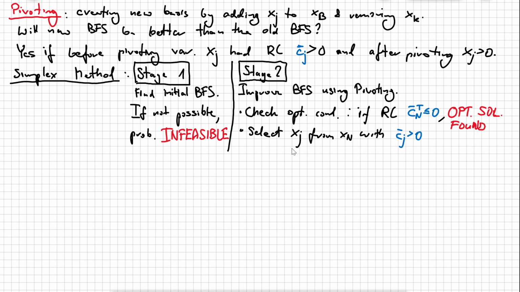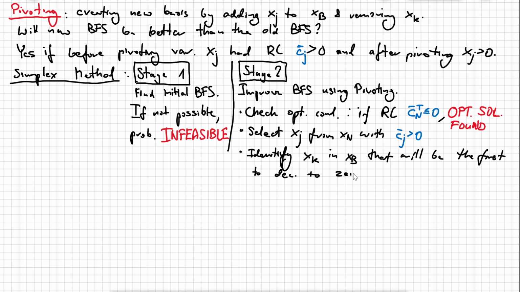Then we identify xk in xb that will be the first to decrease to 0 as xj increases.